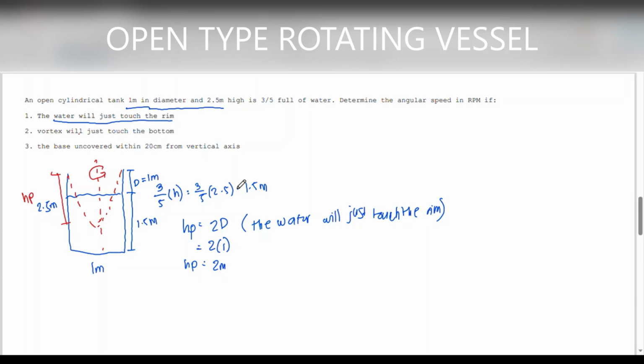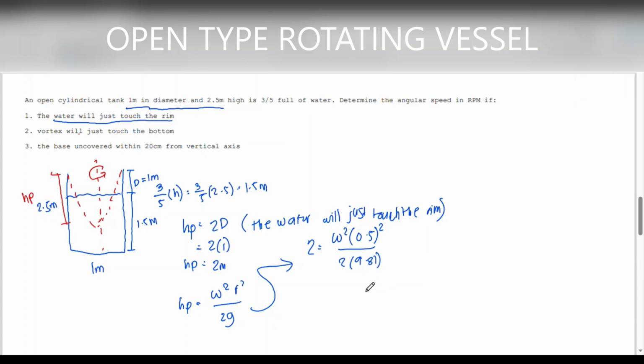Now we have to remember our formula for the height of paraboloid is equal to omega squared r squared over 2g. So our height of paraboloid is 2, and then 2 is equal to omega squared times r. Our r is, since our diameter is 1 meter, r is 0.5 meter squared over 2 times g, the acceleration due to gravity.